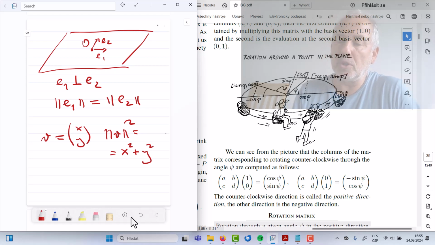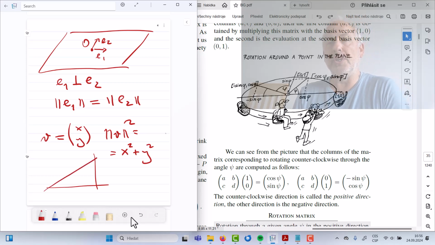That's what we simply know from the Euclidean theorem, right? So here is the right angle, here is x, here is y. So x squared plus y squared is just this one. And we know that this could be also seen from our understanding of what area and volume mean, etc. So we shall come to that.